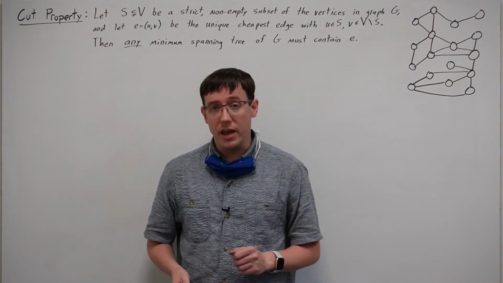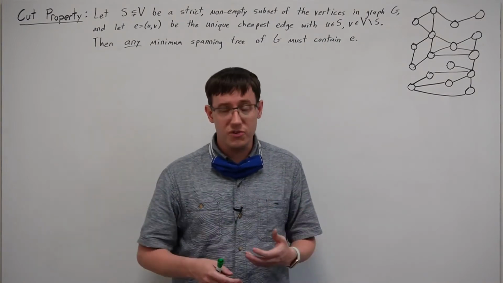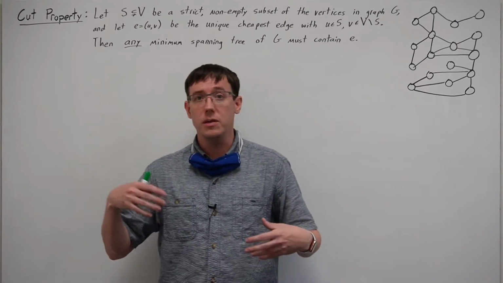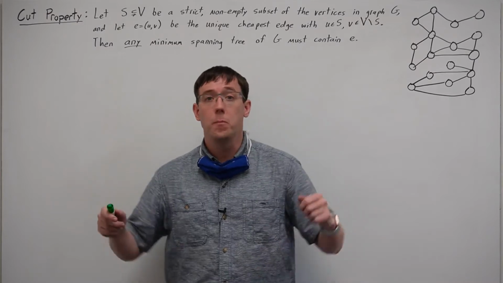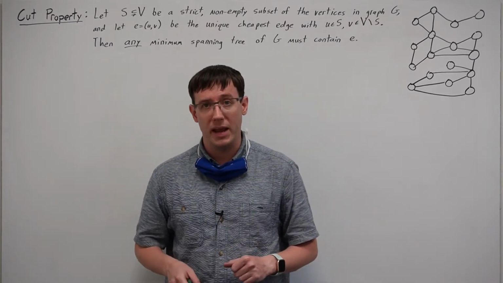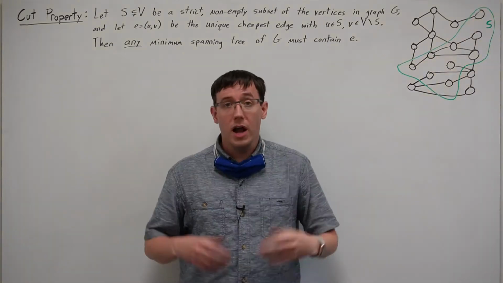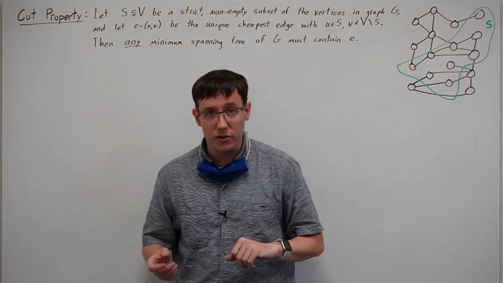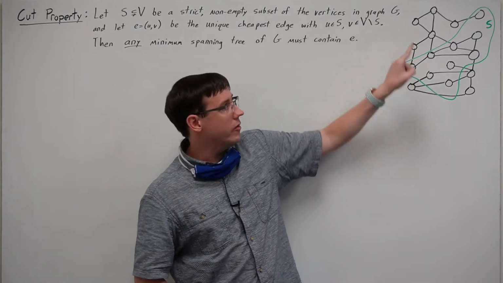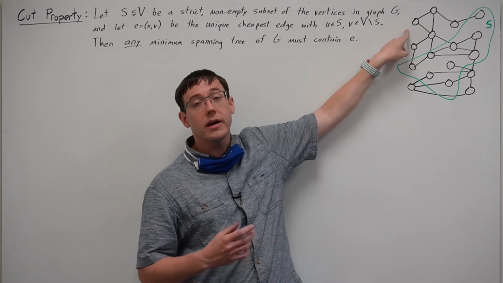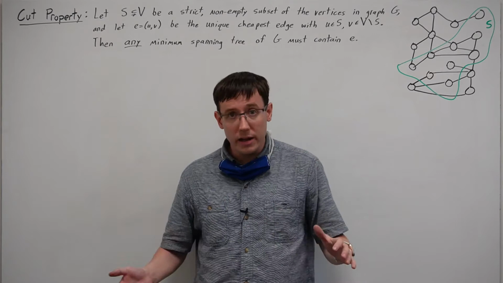The cut property says that if we cut the graph into two subsets, S and V minus S, the cheapest edge across the cut must be part of the minimum spanning tree. If I pick any subset of the vertices where my subset contains at least one vertex, and there's at least one vertex that's not in my subset, then we can think of that set as cutting the graph.